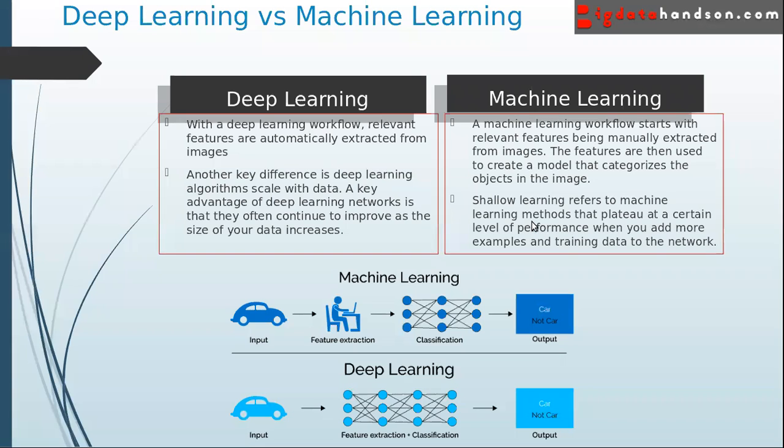So machine learning you can use for small data, and deep learning you can use for large data. It's not that you cannot use large data in machine learning. You can, but the performance will not be as good as deep learning. In deep learning we can also use small data, but the performance is not good when compared to machine learning.